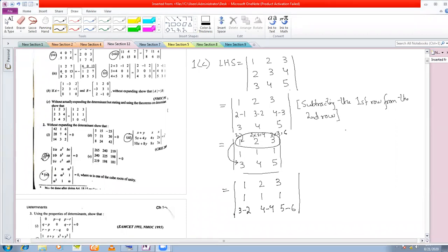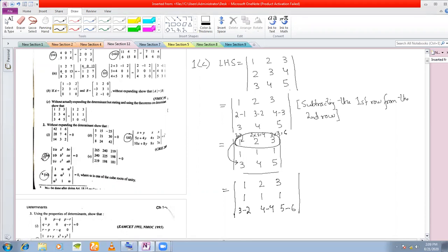This is from your last property. You can multiply any row by a number and then subtract it from any other parallel row. So I've multiplied this row with 2 in my mind, and I'm going to make the changes in the third row because I have to subtract it from the third row only.